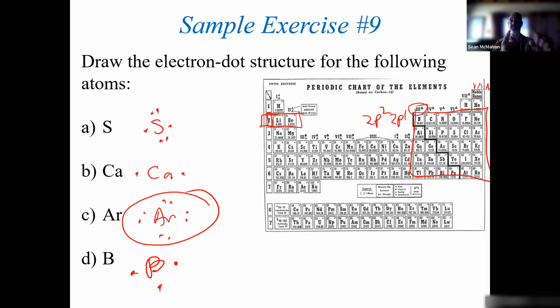I had to discuss energy levels. Within energy levels, there's sublevels. Within the sublevels, there's orbitals due to their orientation and shape around the nucleus.